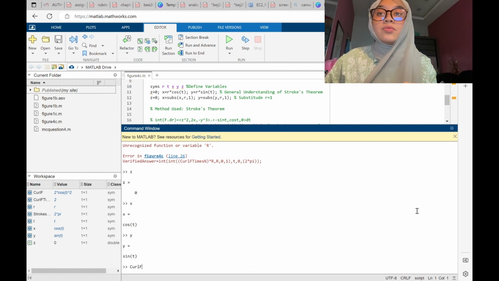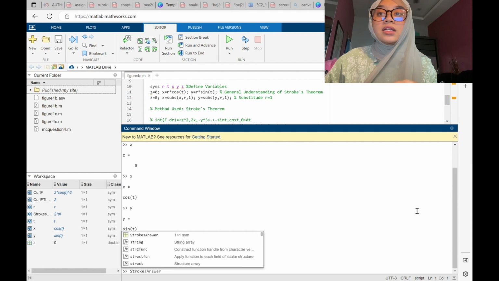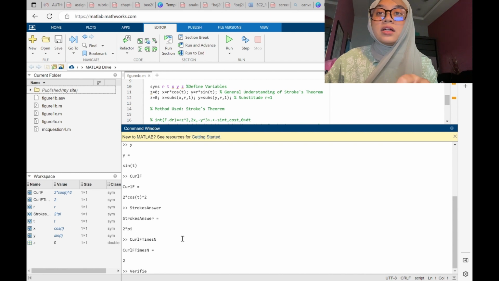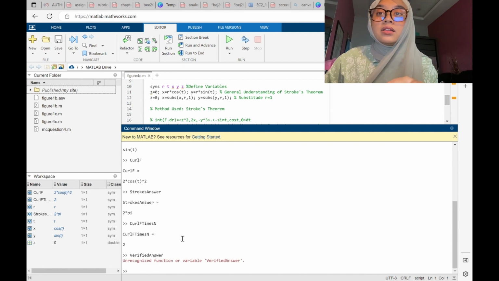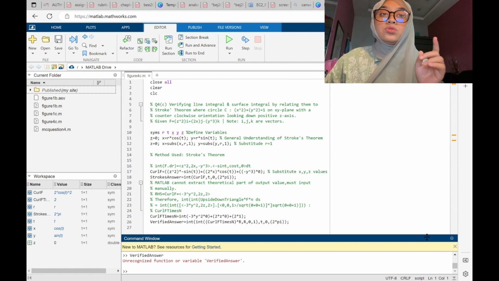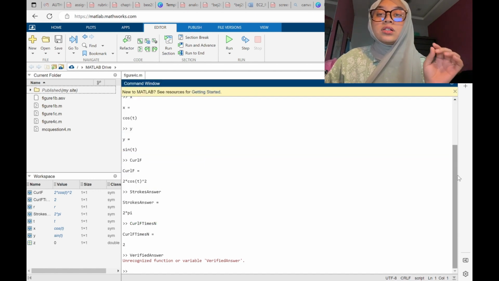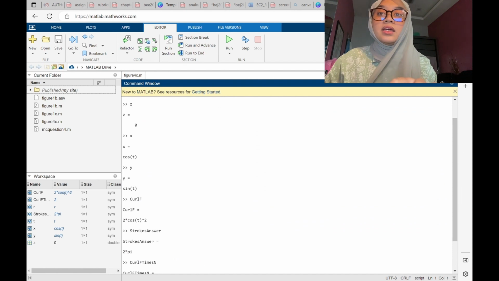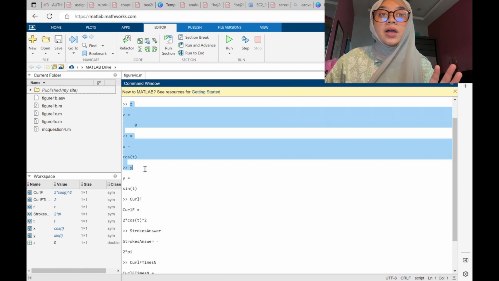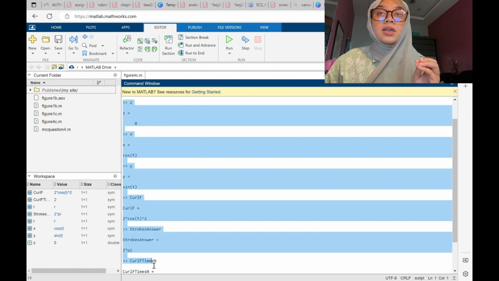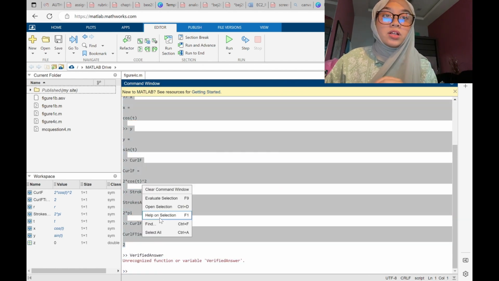If we click the x, we will get x equal to cos t, and y equal to sin t, and the curl F is equal to 2 cos t squared, and then the stroke answer we will get 2 pi. I got the same answer as my manual calculations.